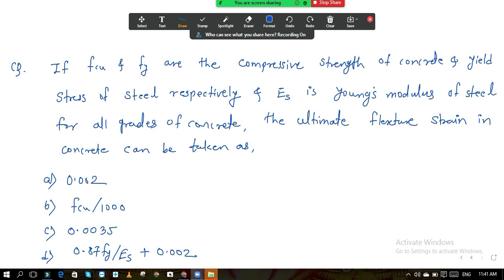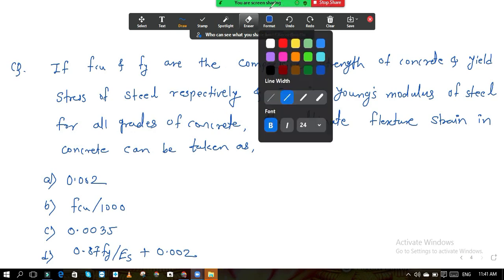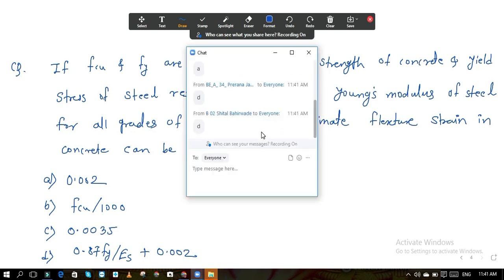What is its value? Answer is D. Why it is D?